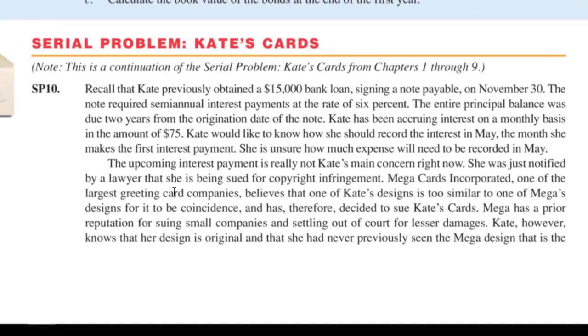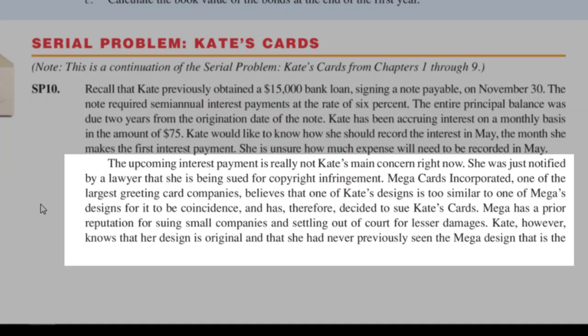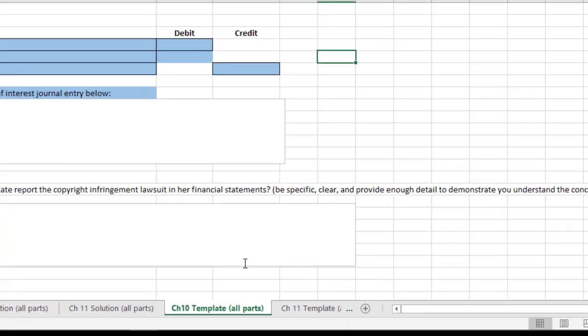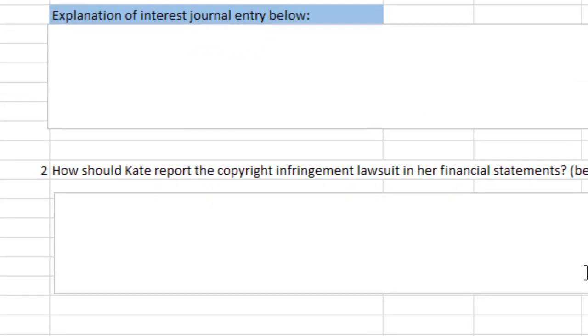The second part of the problem has to do with a lawsuit. Supposedly another company is suing Kate, saying that she's stolen one of their designs. So we need to discuss what the implications of that are regarding accounting. In this text box, we need to discuss what the impending lawsuit means to Kate's financial statements.